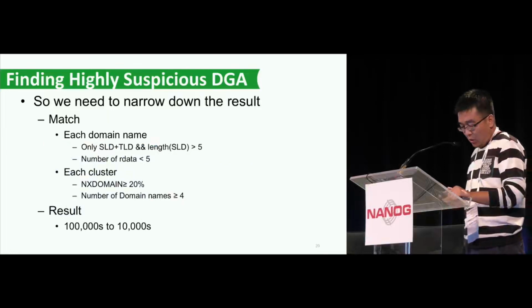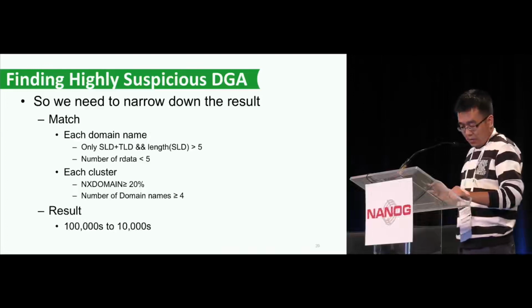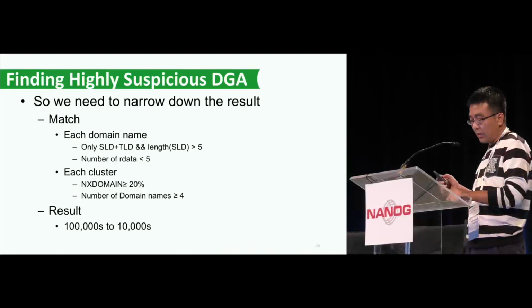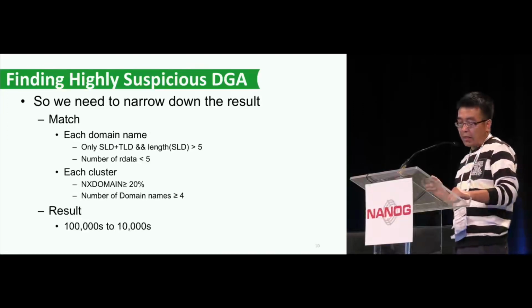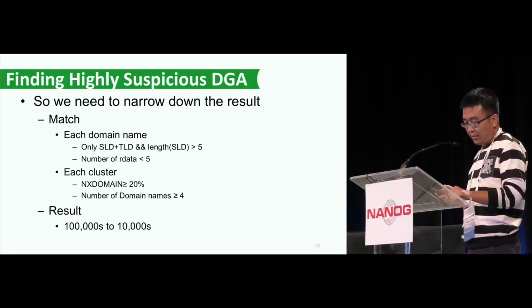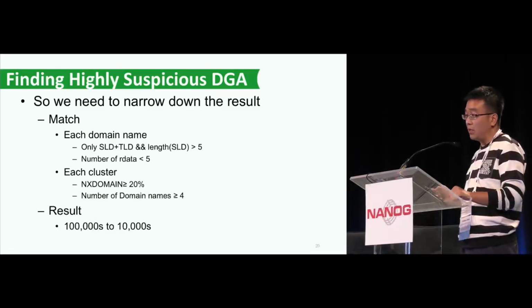So we are going to apply another layer of rules. We only select the domains that only consider SLD, second level domain, and top level domain. And the length of second level domain needs to be more than 5 letters. And every domain name in our data has less than 5 DNS records.